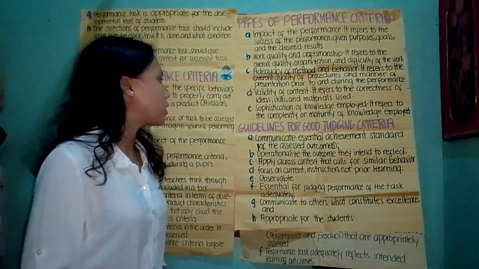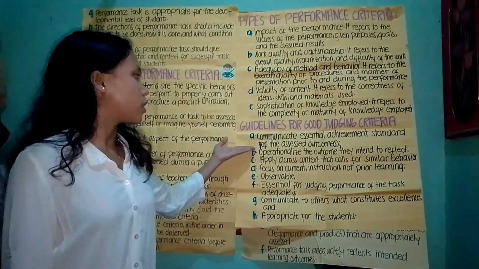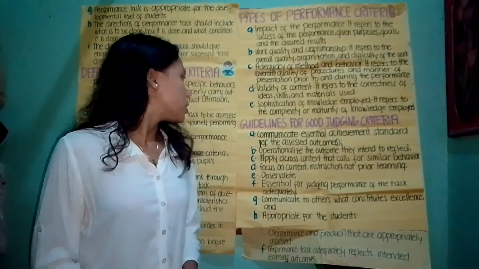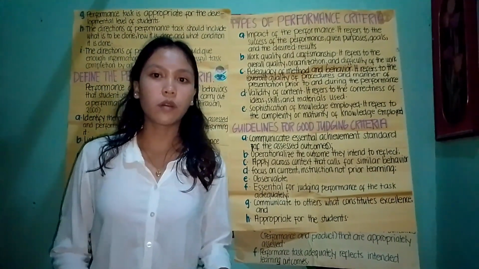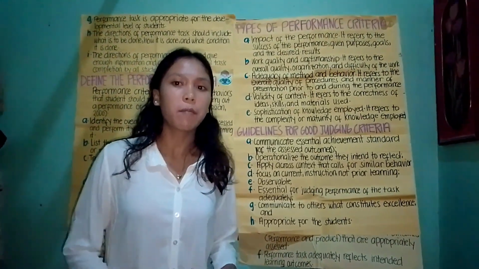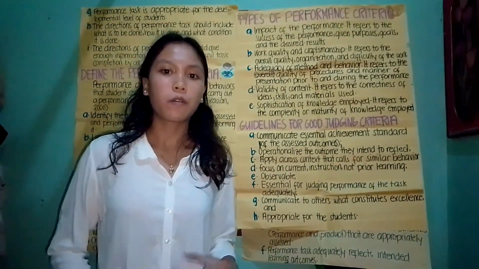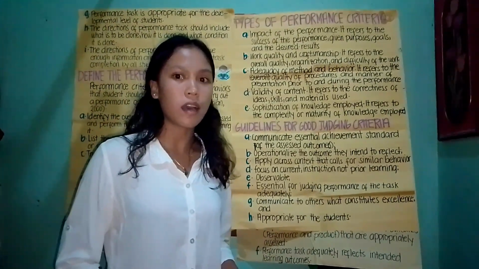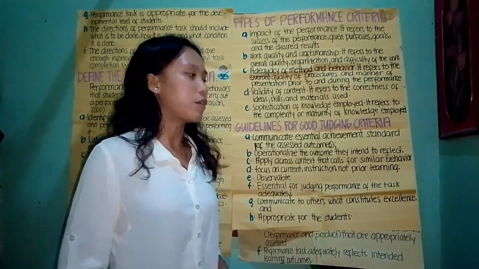Anyone can give an idea for the letter A? Okay, Mary Grace? Okay, very good. So dapat malinaw na naipaalam sa mga mag-aaral kung paano ang inaasahan sa kanila upang maituring na matagumpay ang kanilang performance.